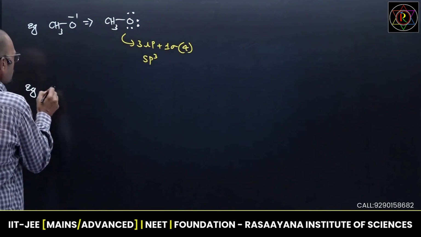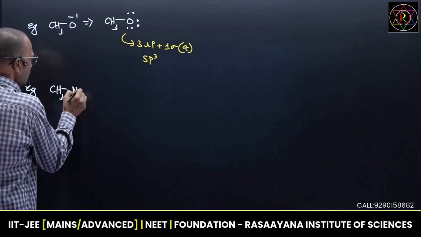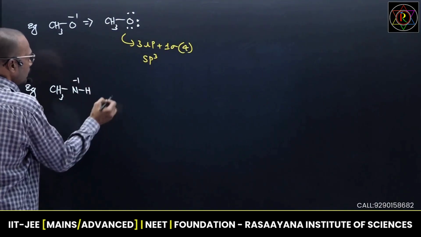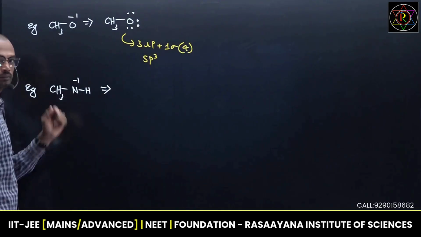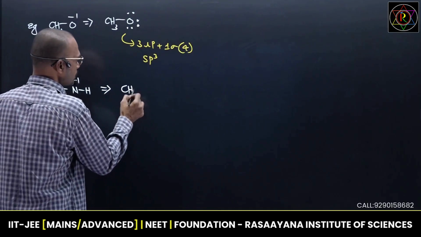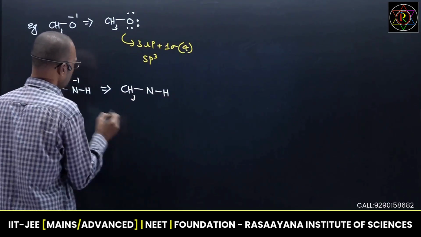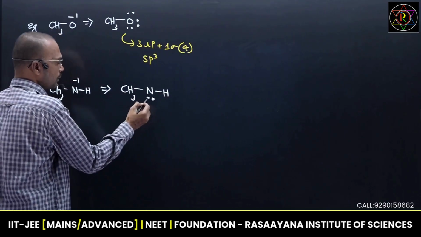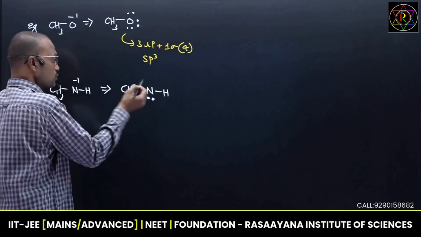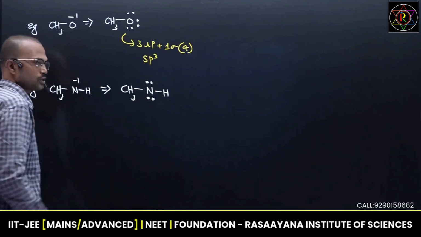Right? Suppose if I write CH3NH-1, then how to write this structure? I can write like this. CH3, nitrogen and here hydrogen. Nitrogen having one lone pair. Already existing lone pair is 1. -1 means one extra lone pair. This is the real structure. This is called Lewis dot structure.